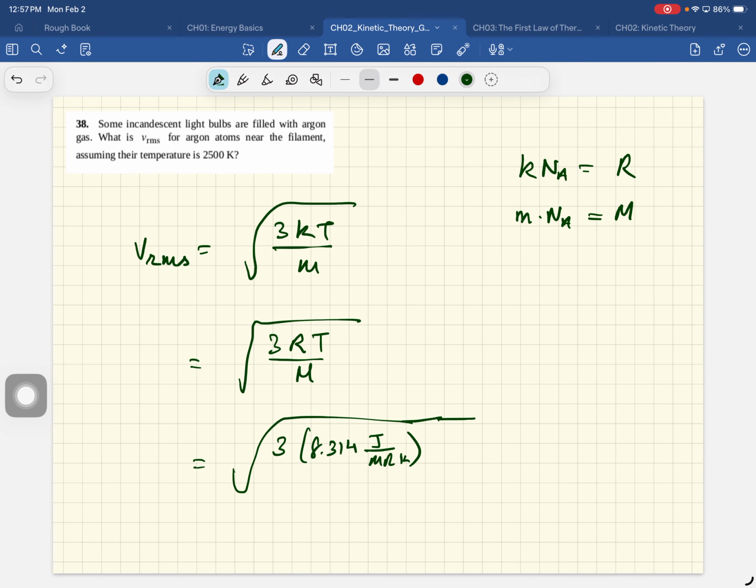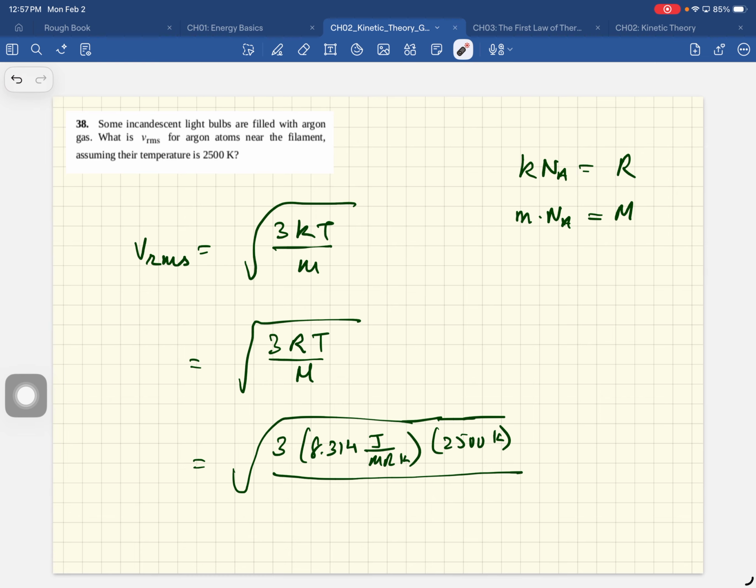And the rest is 3 times 8.314 into 25 divided by 4.